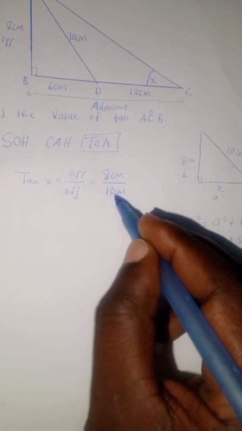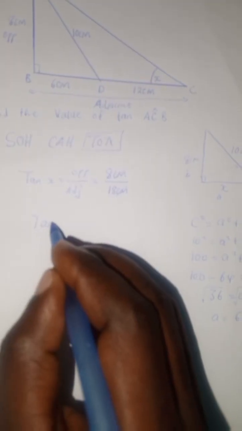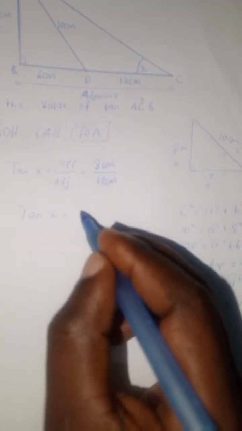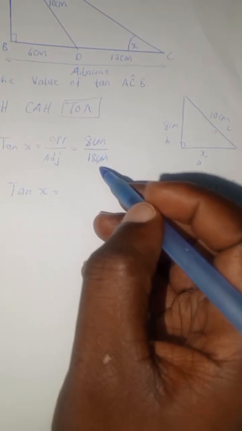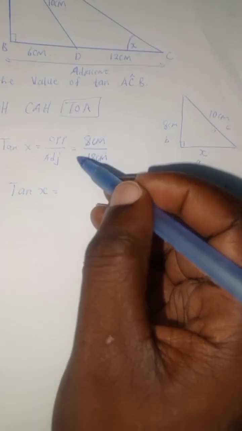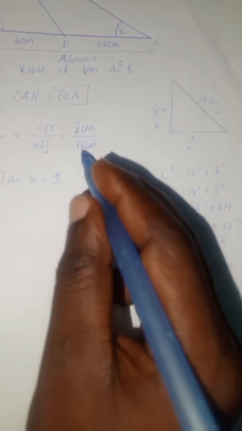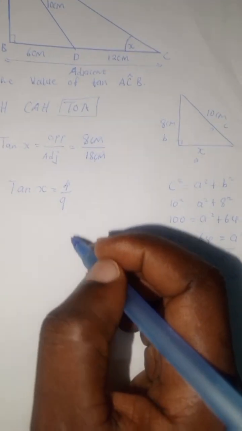Now I can cancel out the centimeters, and that will give me tan X being equal to 8 over 18. But then I can reduce this 8 over 18 by allowing 2 to go into this and that. So 2 into 8 is 4, and 2 into 18 is 9.